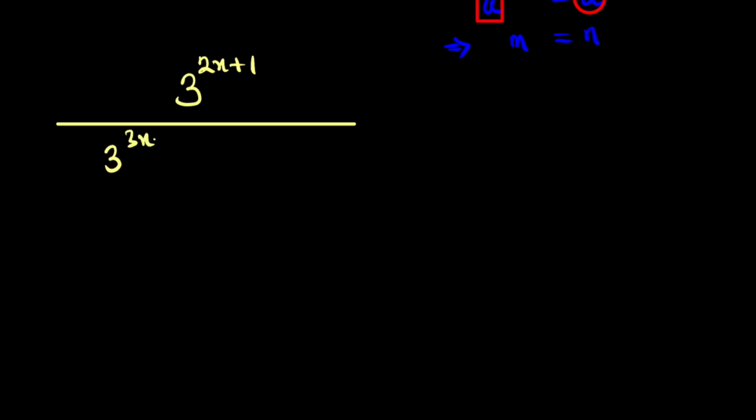So the question, 3 raised to power 2x plus 1 divided by 3 raised to power 3x minus 4 times 3 raised to power 6 minus 7x is equal to 27 raised to power x, can be solved by simply starting with the denominator here.